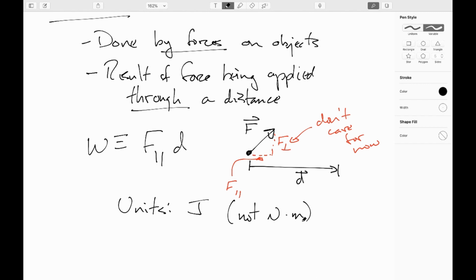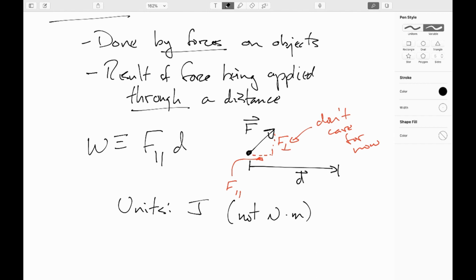So in order to keep the two straight, the units of work are joules, and the units of torque, when we get to that point, will be Newton meters. So when you're doing your unit analysis, when you get newtons times meters, you have to ask yourself, okay, is this work? And if it is, you need to replace that with a J for joules.